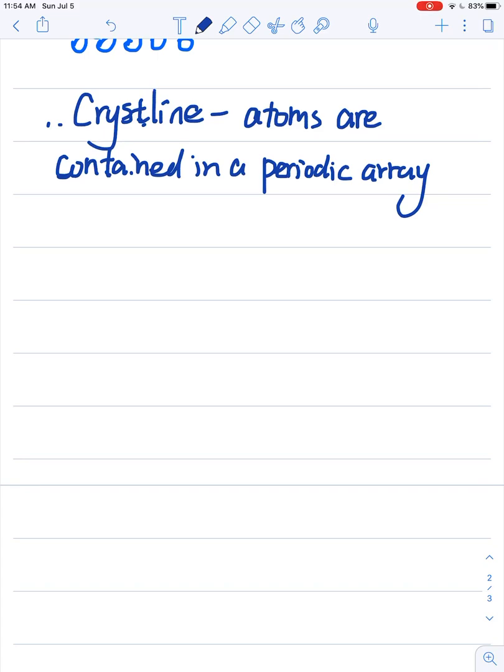So crystalline atoms are contained in a periodic array over large atomic distances. So it could be a very long range order on solidification.